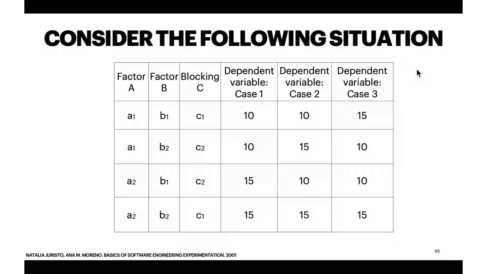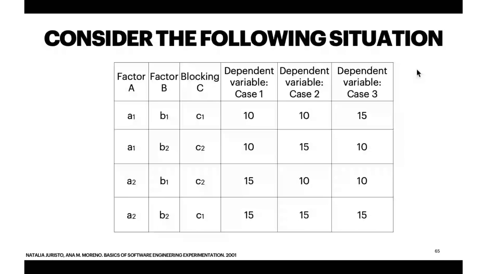We could conjecture that if A is A1 and B is B1, or A is A2 and B is B2, then the dependent variable is 15. Essentially, we could conjecture there's some kind of interaction between A and B that leads to this value of 15. Or we could conjecture that this is not so much about the factors, but about the blocking variable.